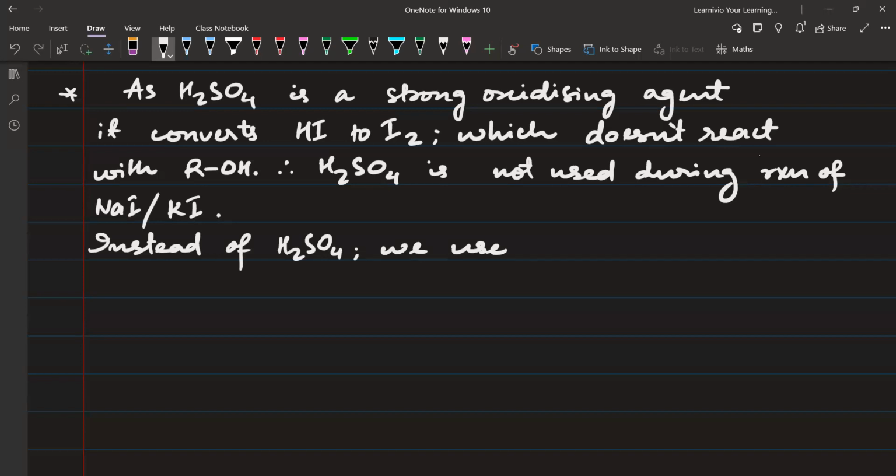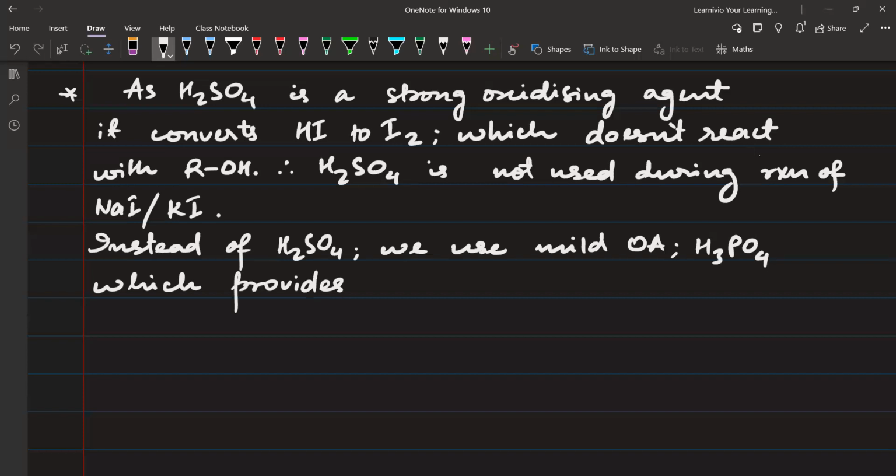We use mild oxidizing agent H3PO4, which provides HI and doesn't convert it to I2. Okay, write up to here.